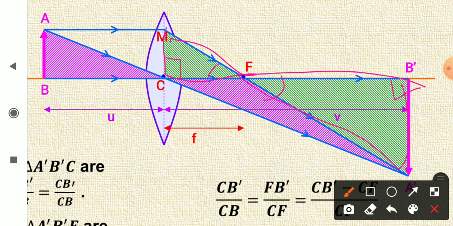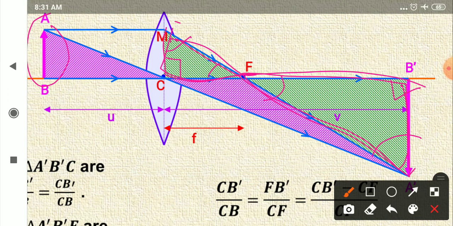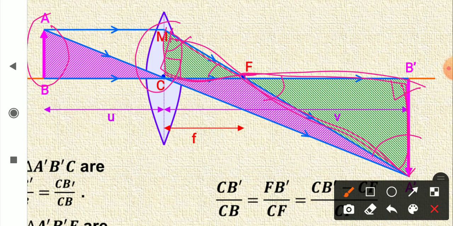These two angles are equal, vertically opposite angles. So the remaining angles will also be equal. That means triangle MCF and triangle A'B'F are similar triangles. Another point to note is that AB is equal to MC, so in place of MC, I can write AB also. So following the same method, the ratio of corresponding sides will be equal.